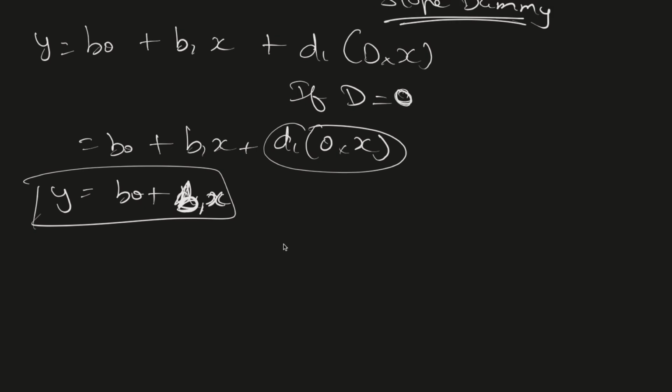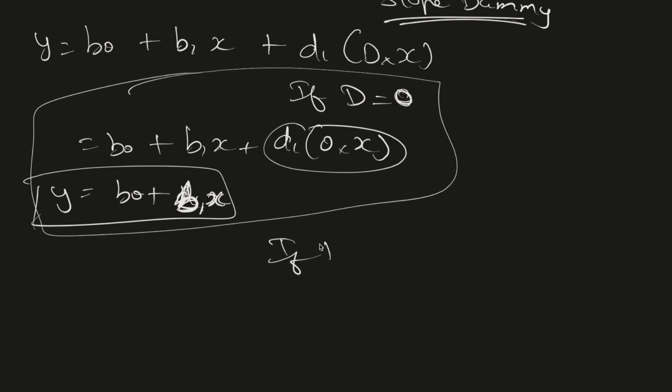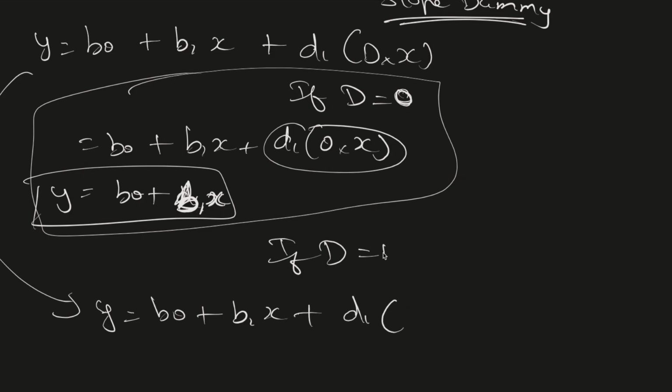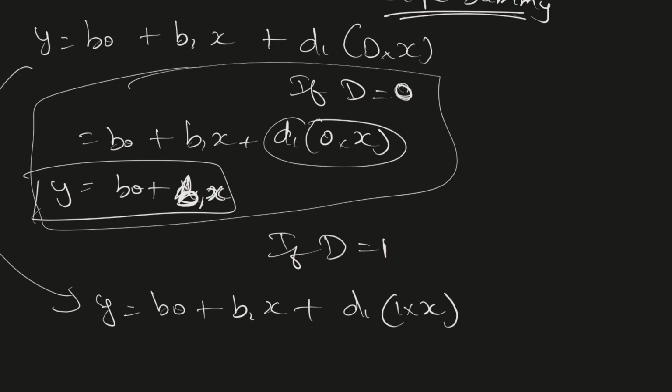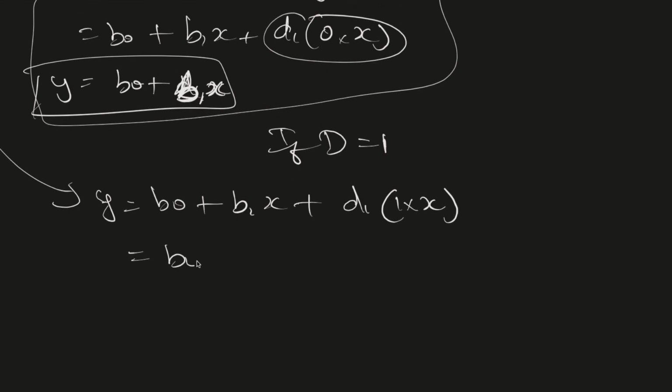If the dummy is equal to 1, then the equation will look like this: y is equal to b0 plus b1x plus d1, this D is 1, so 1 into x, b0 plus b1x plus d1x.